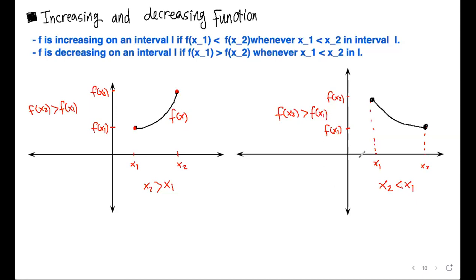This means the function is decreasing, because x2 is less than x1, but look, f of x2 is greater than f of x1. So this is the general idea for decreasing, and this is the general idea for increasing: x2 is greater than x1, and at the same time f of x2 is greater than f of x1. So here increasing, here decreasing.